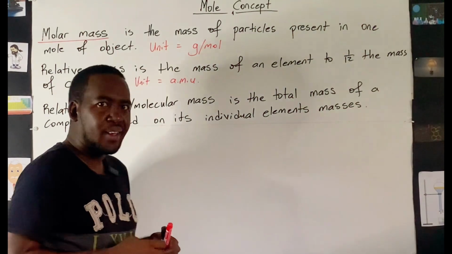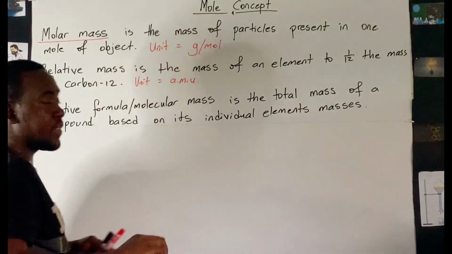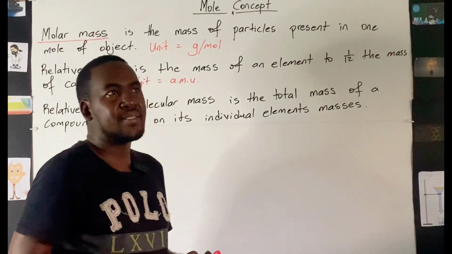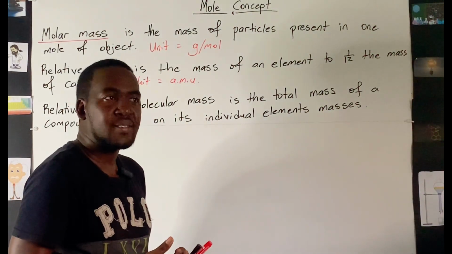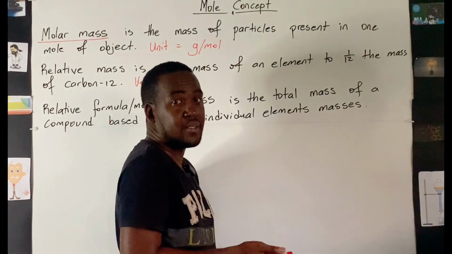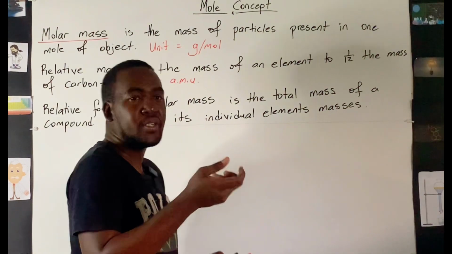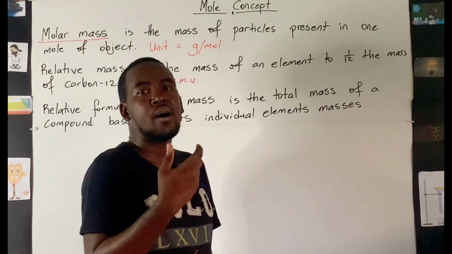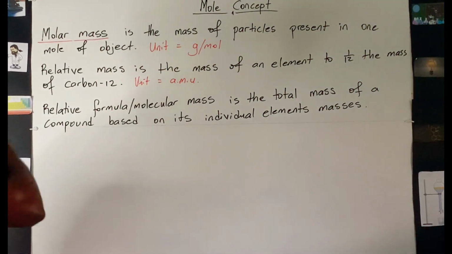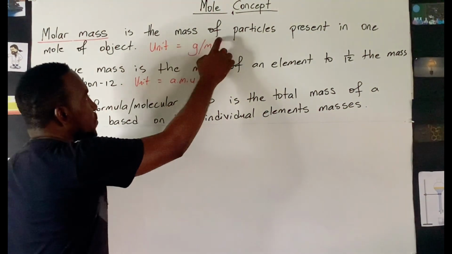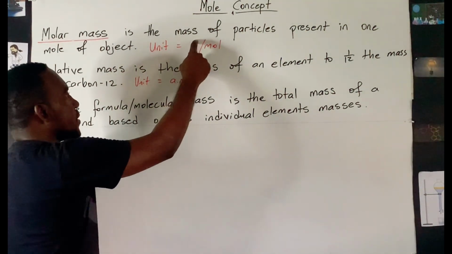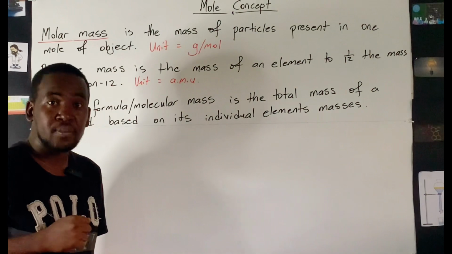Now, when I talk about molar mass, if we say 1 liter represents the mole, then to find the molar mass I put this on a balance and then I say how much mass does this 1 mole, this 1 liter of water, occupy or have. So that's what our molar mass is. Now it's represented in a unit of grams per mole. So it shows us that it's the mass, which is represented in grams, divided by the 1 mole of it.